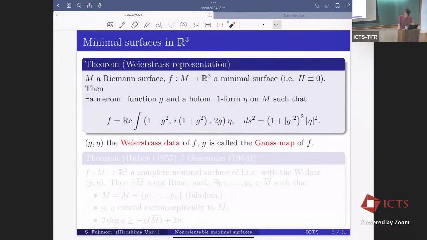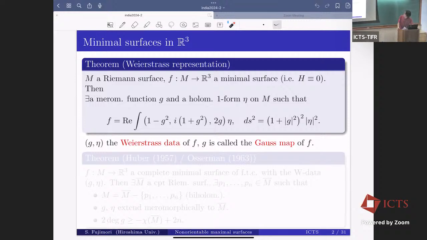Now, minimal surfaces in R3. Since many speakers already introduced it, there is the famous Weierstrass representation. Let M be a Riemann surface and F a minimal surface, that is, with vanishing mean curvature.